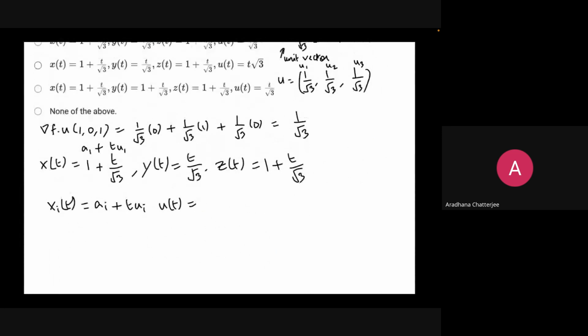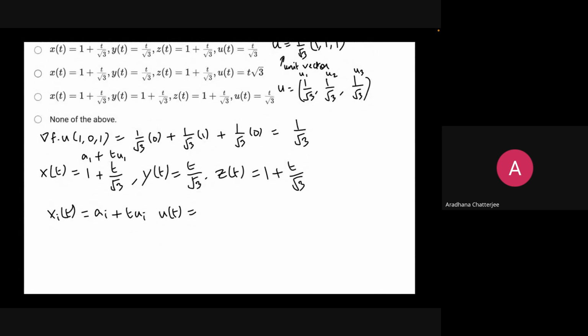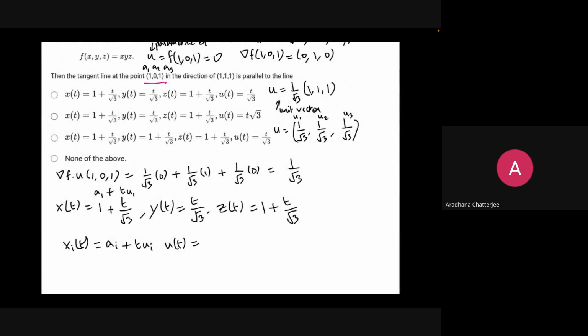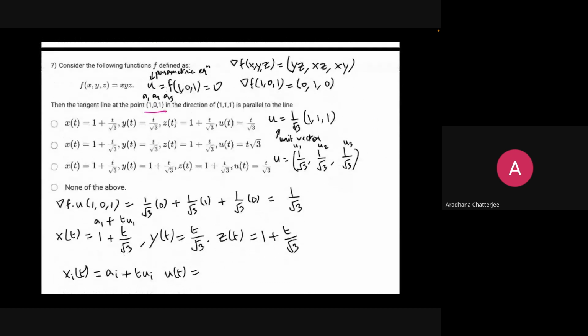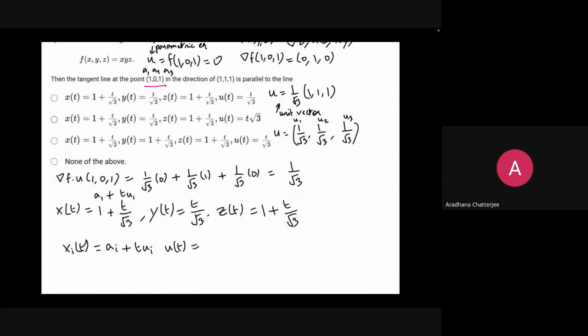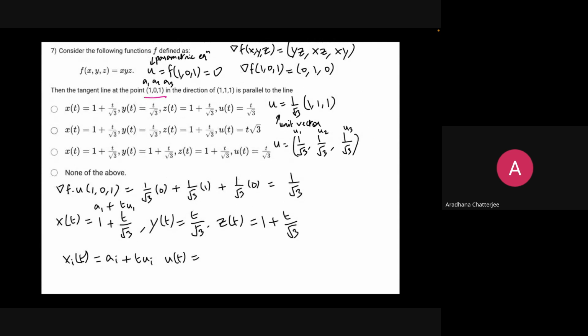That is equal to, so the first part is the value of the function u at the given point. We found this, that is coming to 0, so we won't have a constant term, plus t times the gradient of the function at the point, that is 0, 1, 3. Oh, sorry.